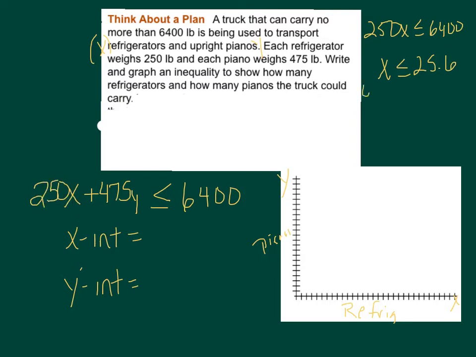So I have 475y is less than or equal to 6,400. And when I divide that, I get y is less than or equal to about 13.5. I think I rounded on that one. So we have our x and y intercepts. This is what we're going to use to graph. All right, I'm going to go ahead and put them down here.